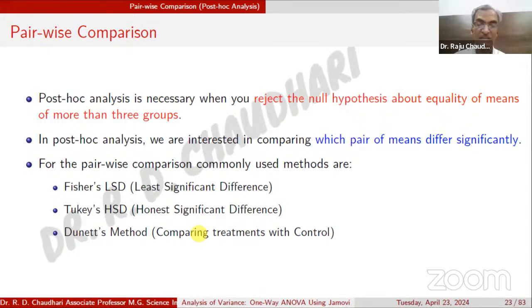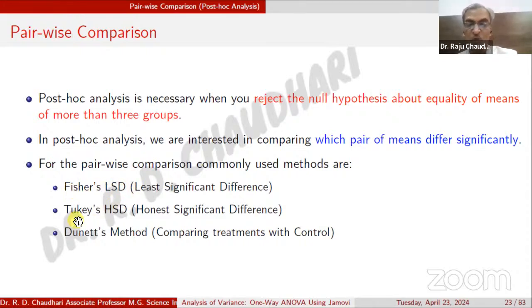The group without any treatment is known as the control group. When we have a control group, always go for Dunnett's method for the pairwise comparison. Otherwise, we can go for Tukey HSD or Fisher LSD.